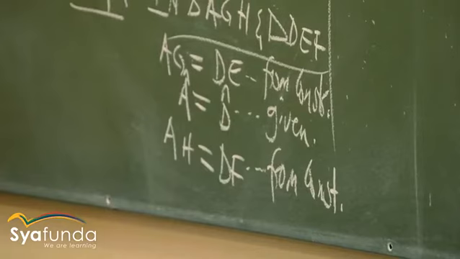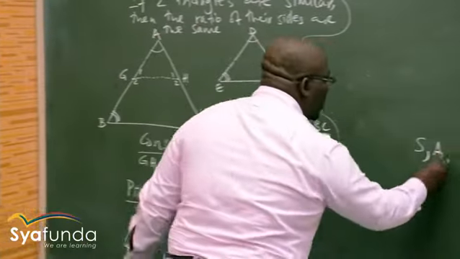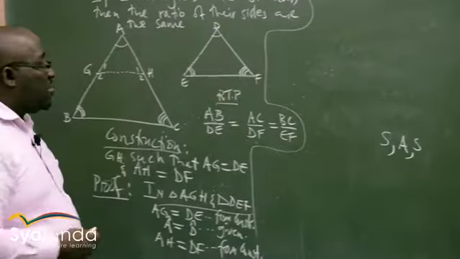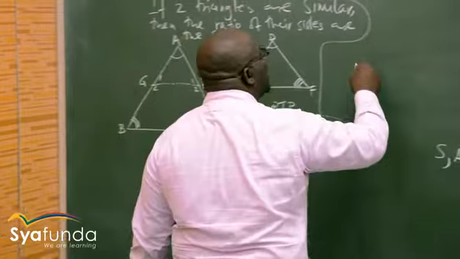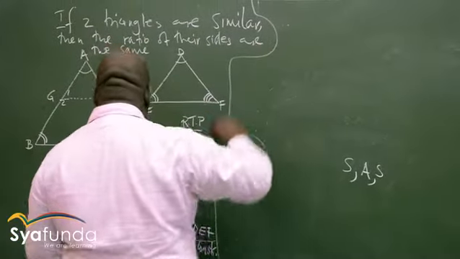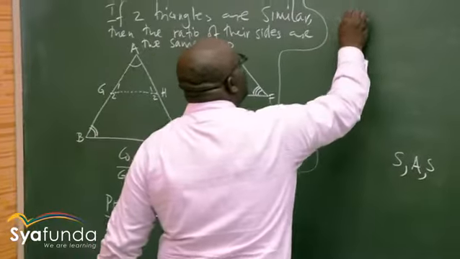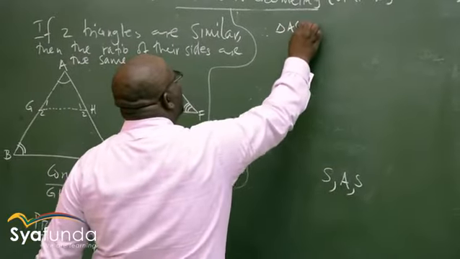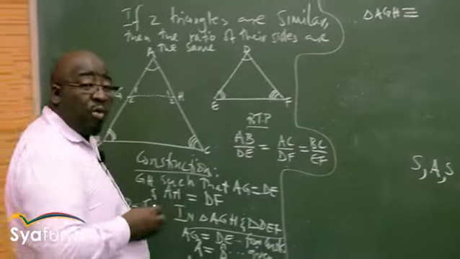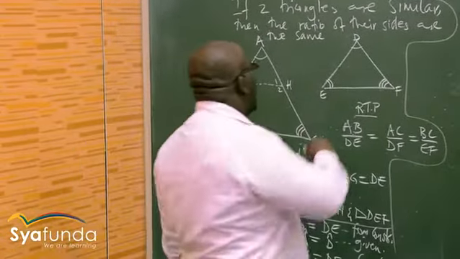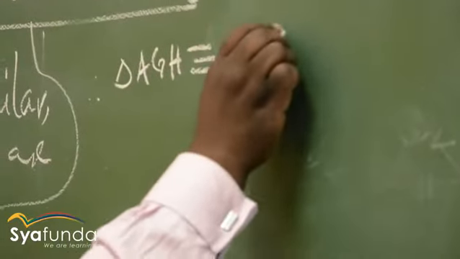Right. Let's move on. What is this? It is a side. Therefore, we can conclude that triangle AGH is congruent, equal in all respects, to triangle DEF.